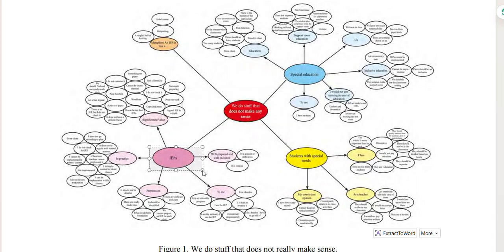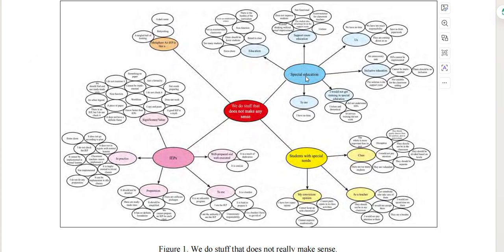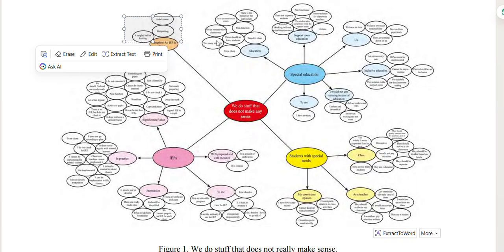So the IEP, special education, and students with special needs are the sub-themes or clustered meanings derived from the participants' responses. The smaller connected bubbles contain significant statements, participants' expressions, or the interpreted meanings that support each sub-theme.